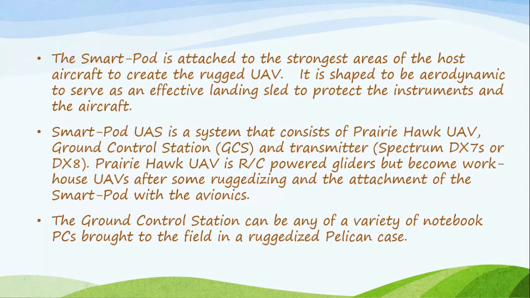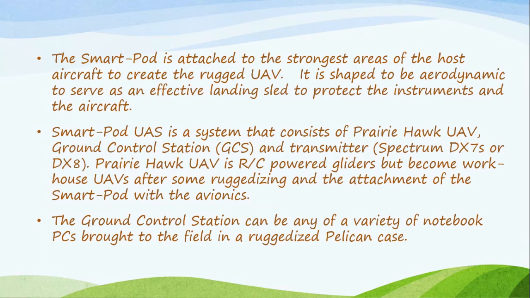Smart pod UAS is a system that consists of a Prior Hot UAV, a ground control system GCS, and a transmitter, Spectrum DX7 or DX8. The Prior Hot UAV is an RC power glider but becomes a workhorse UAV after some ruggedizing and the attachment of the smart pod with the avionics.